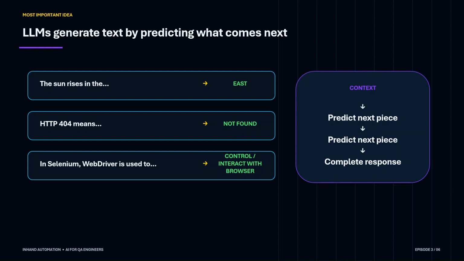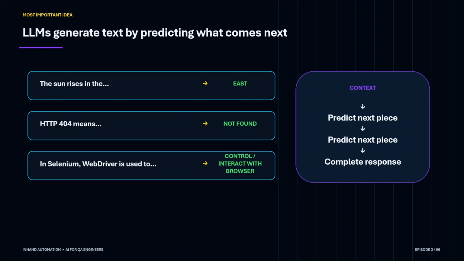So now comes one of the most important concepts in the entire episode. An LLM generates text largely by predicting what should come next. Let's take a simple sentence. I say, the sun rises in the, so you will say east, right? Why? Because you have seen and learned that pattern many times. Now imagine HTTP status code 404 means, you might be predicting it is not found.